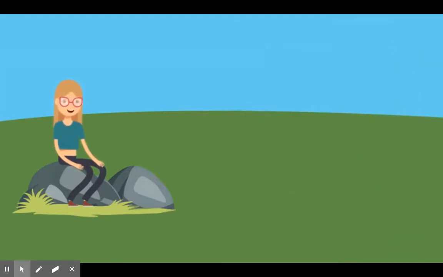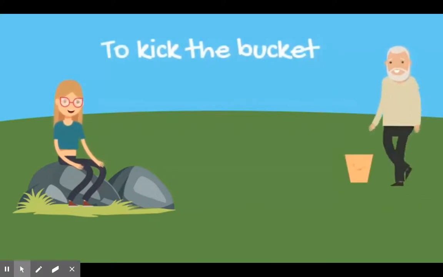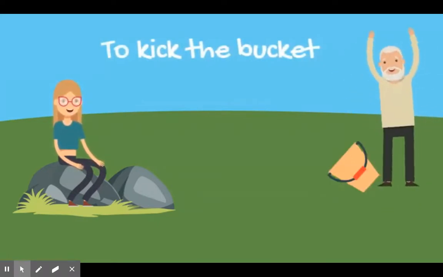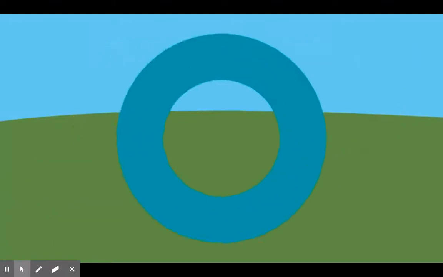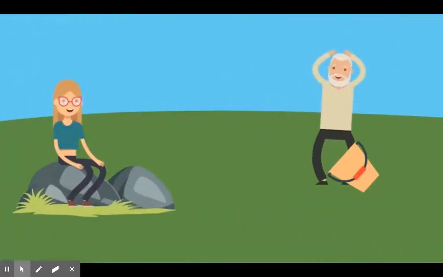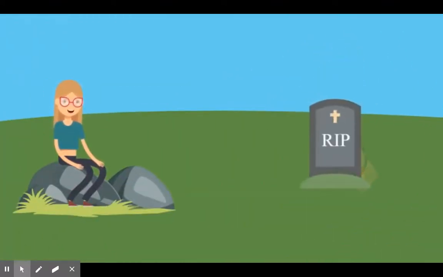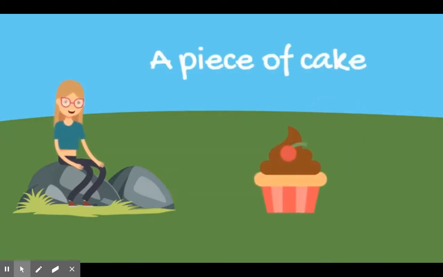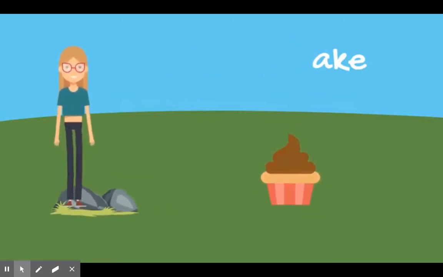Similarly, when using the phrase to kick the bucket, we are not talking about an actual bucket or kicking it. What we do mean here is that the person has passed away. In a similar way, when describing something as a piece of cake, we are not talking about a sweet baked treat with icing on it.